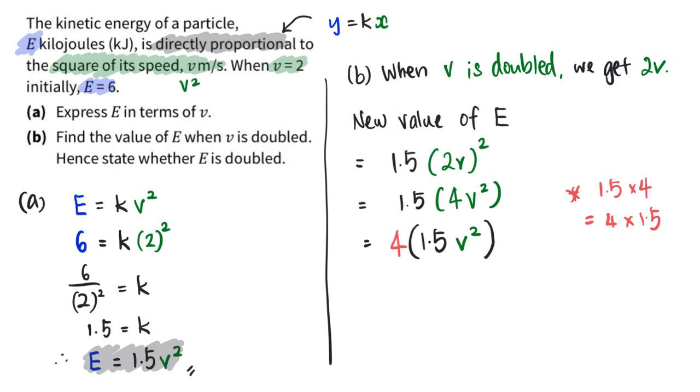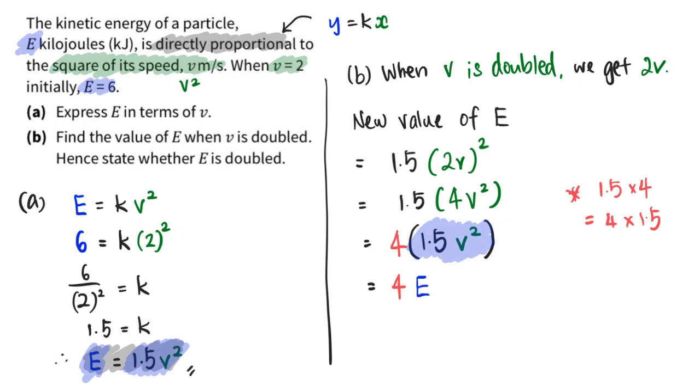They are still equal to each other. And why does Mr. Tan do that? Because Mr. Tan knows 1.5 V square is equal to E, the original E.